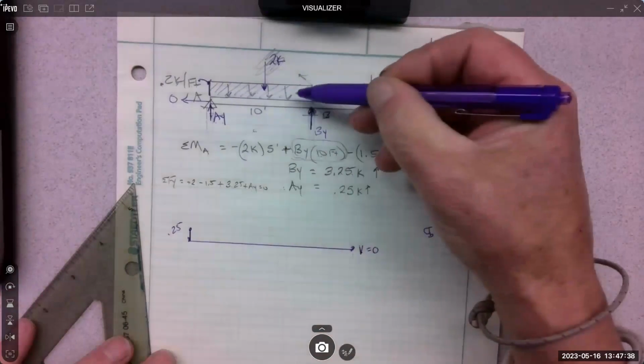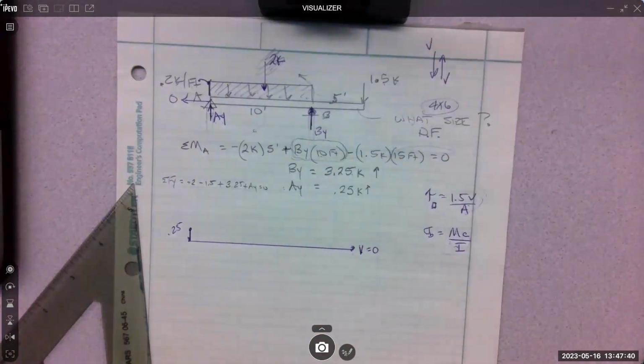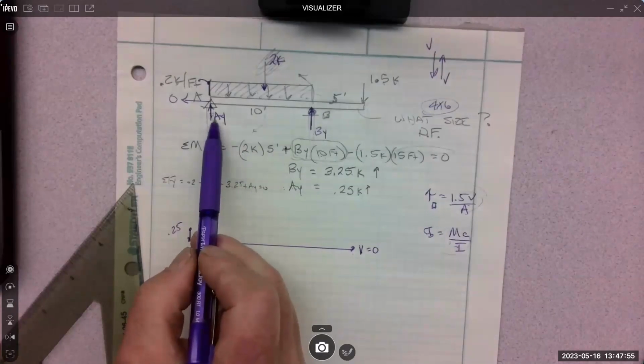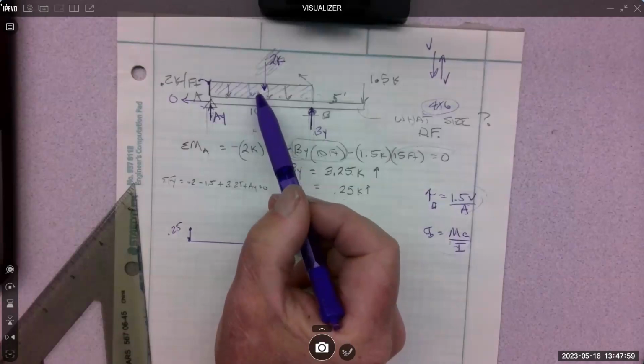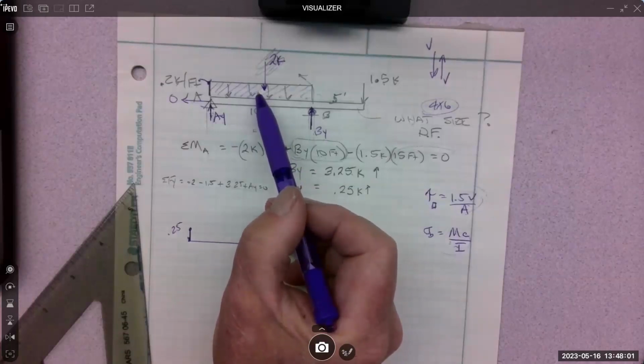Now I've kind of ignored the distribution because I'm infinitely close to the end of the beam, and the distribution needs a length to show up. I just get past this and it shows up. And now as I move along, the distribution is going to start to show up.